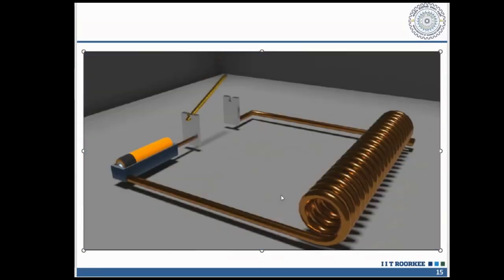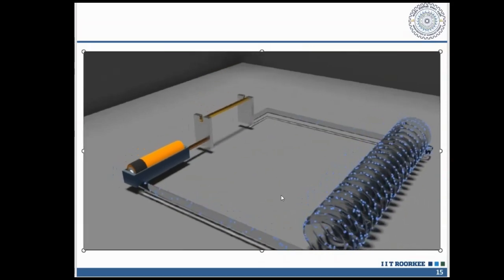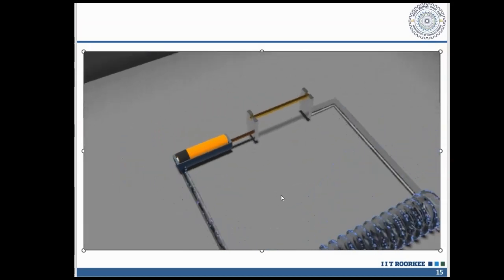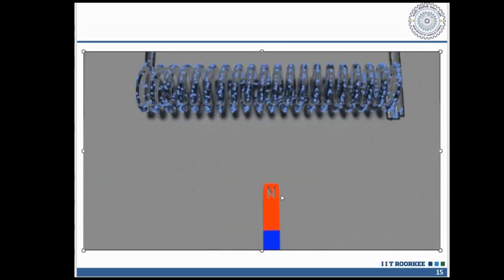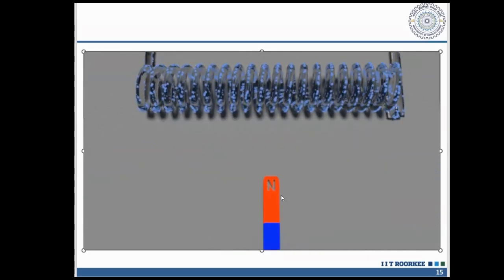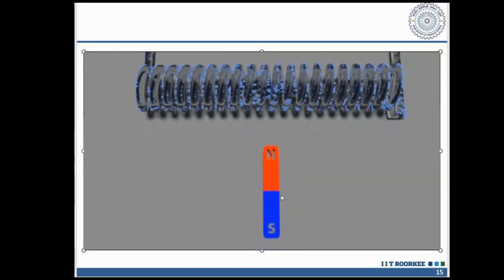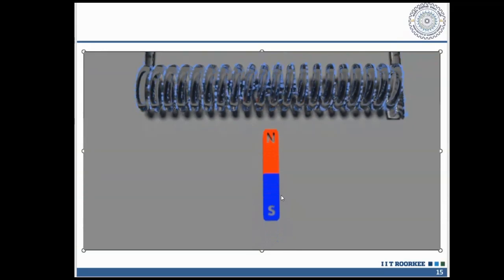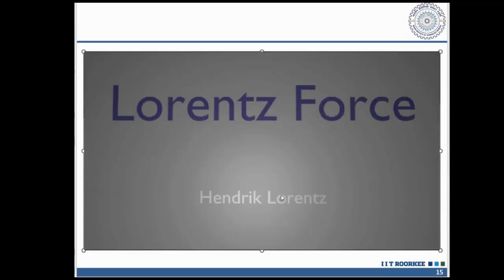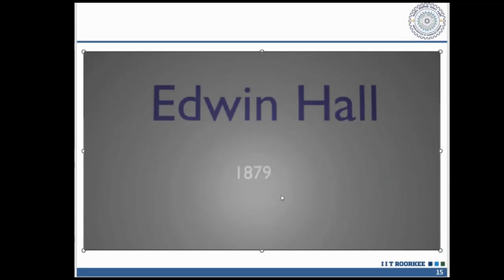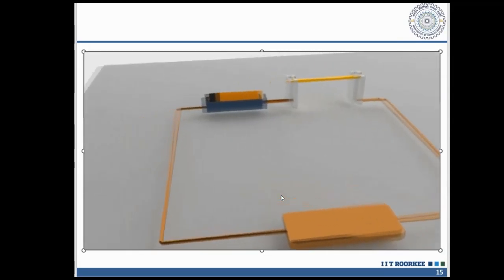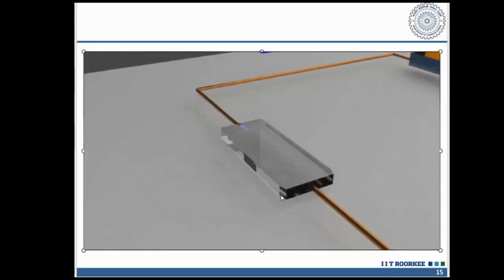When electric current is flowing through an electric conductor, electrons generate their own magnetic field, and when an external magnetic field comes in, it interferes with the existing magnetic field of the electrons and exerts a force on them. This force is known as Lorentz force, named after physicist Hendrik Lorentz. Then in 1879, Edwin Hall discovered that if a flat current carrying conductor is exposed to a magnetic field, electrons accumulate on one side due to the Lorentz force.